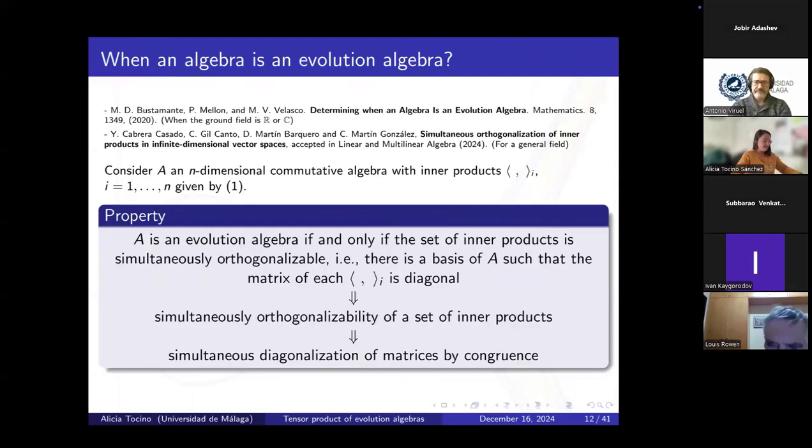Okay, now the second form in which we can discover if an algebra is an evolution algebra or not.